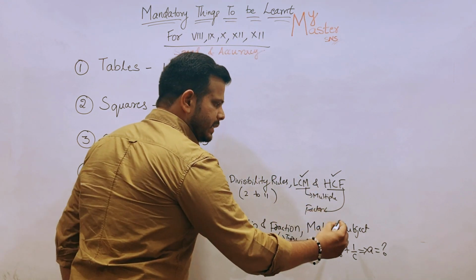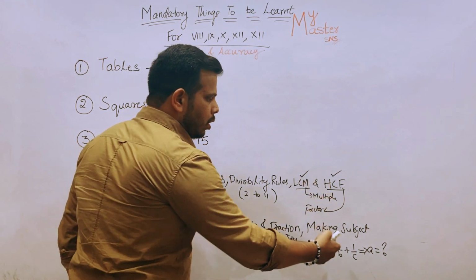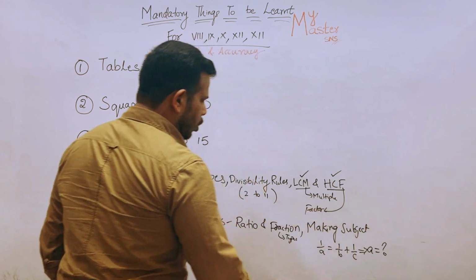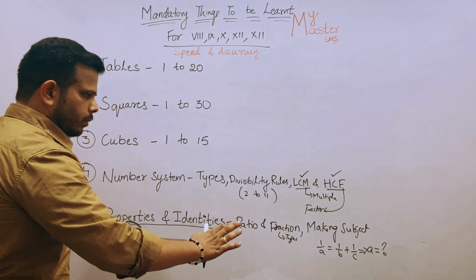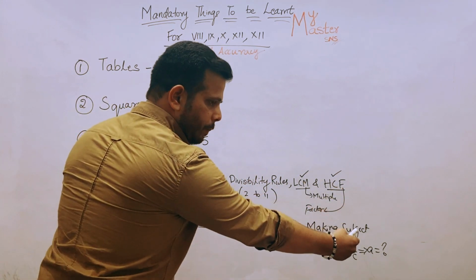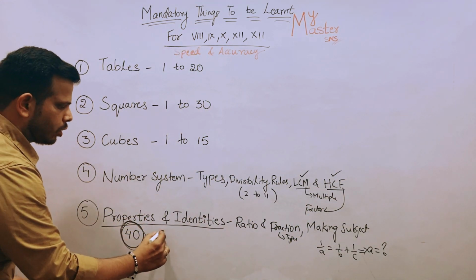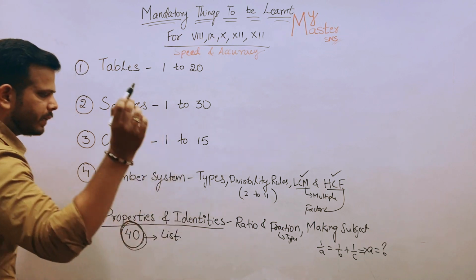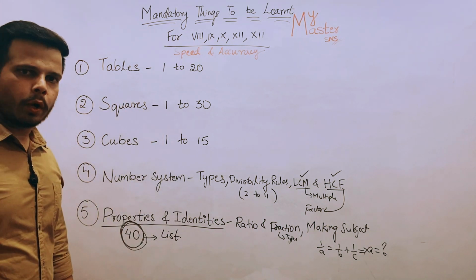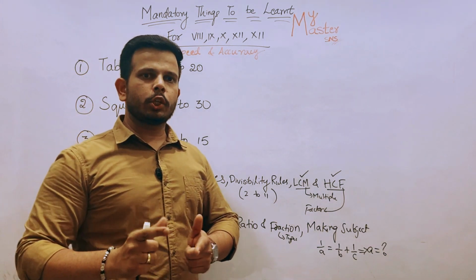So we will be discussing a few problems and examples on making subject also. After discussing these topics, I will jump to the list of 40 properties and identities. So don't miss the topics.